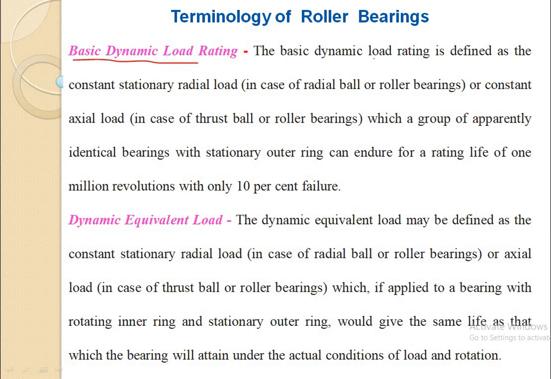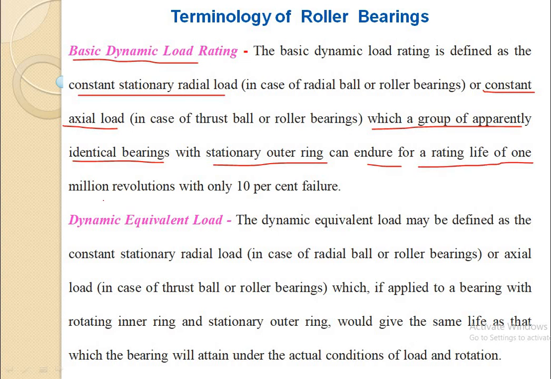The basic dynamic load rating is defined as the constant stationary radial load or constant axial load, same as previous, radial load or axial load, which a group of apparently identical bearings, means group of identical bearings with stationary outer ring can sustain or endure for a rating life of 1 million revolutions with only 10% of failure.